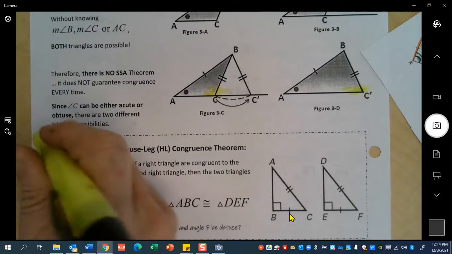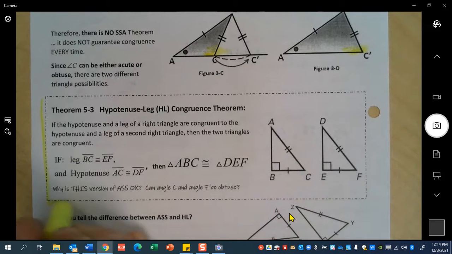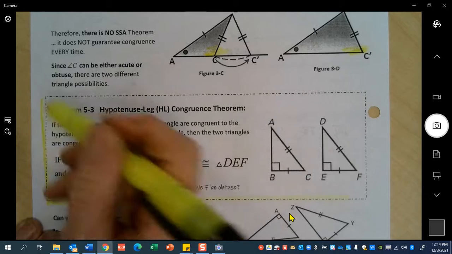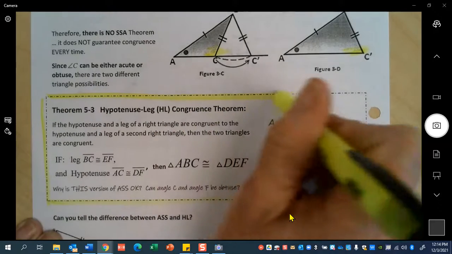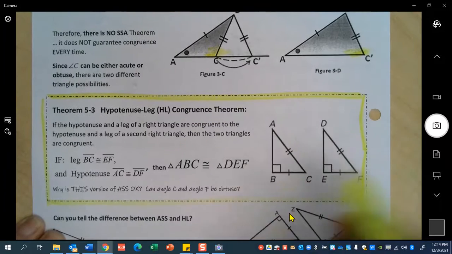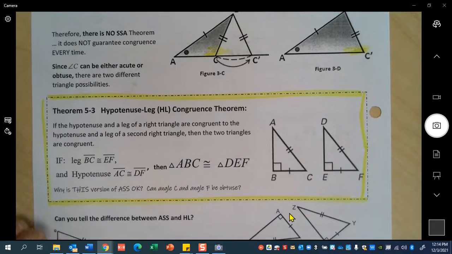So guess what? We have one more theorem that we've already proven. We've already said that if I have a right triangle, I can go ahead and do that.